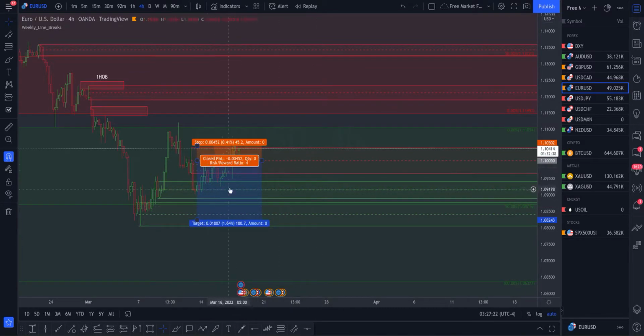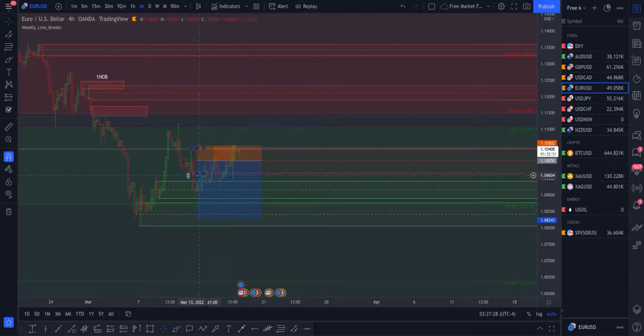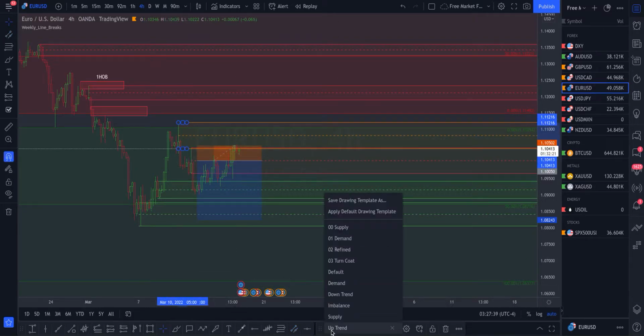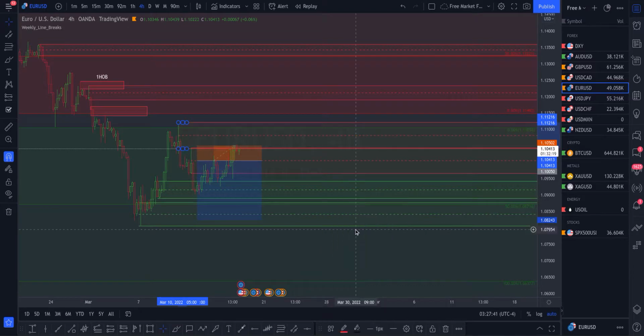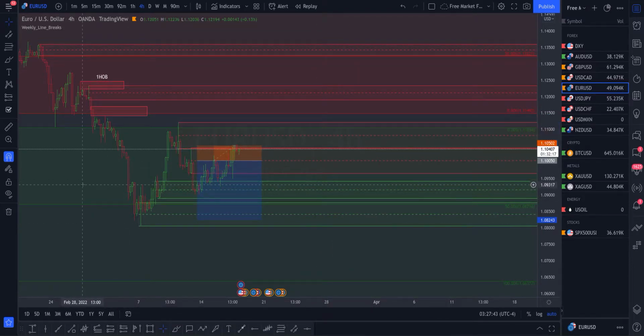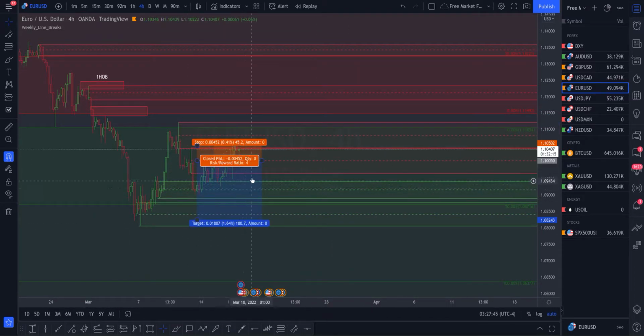Not a lot of high volume. It's tapped into this 4-hour supply right here, but it was previously mitigated, so I did not have that one marked.